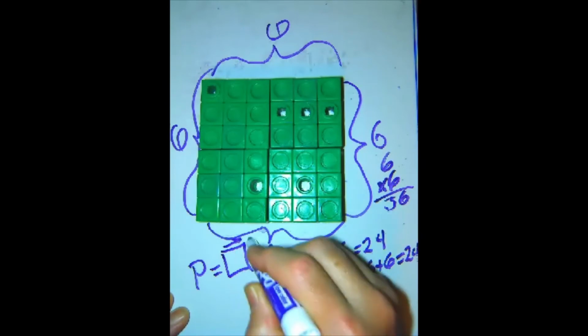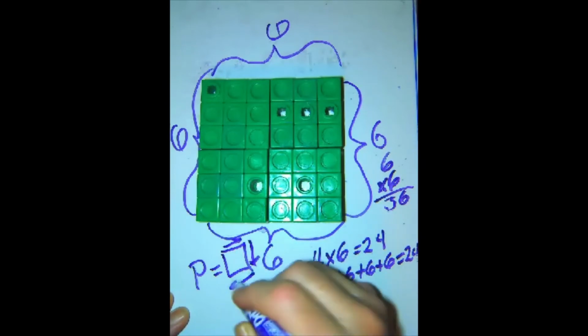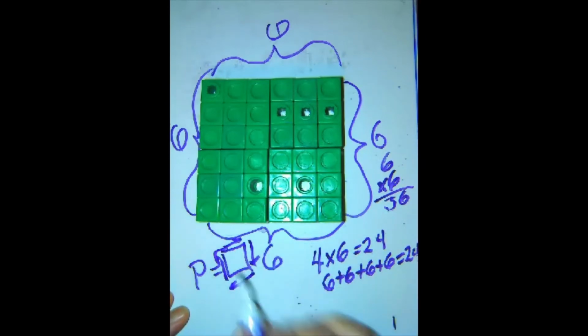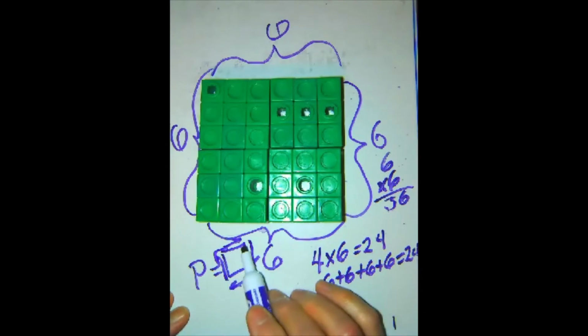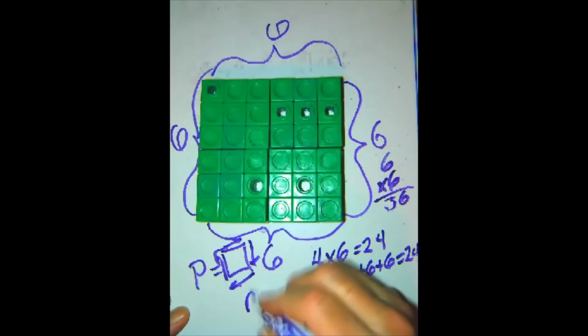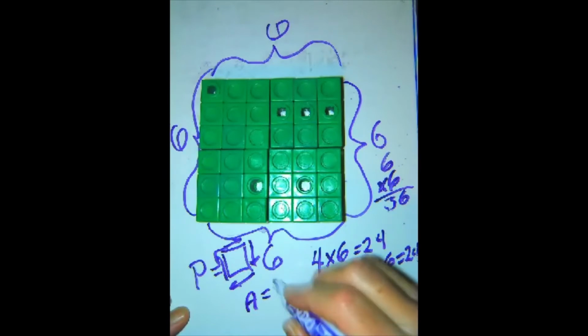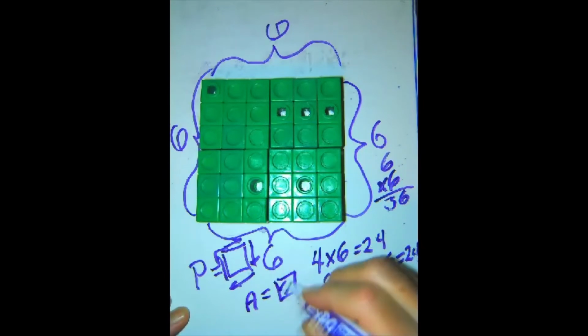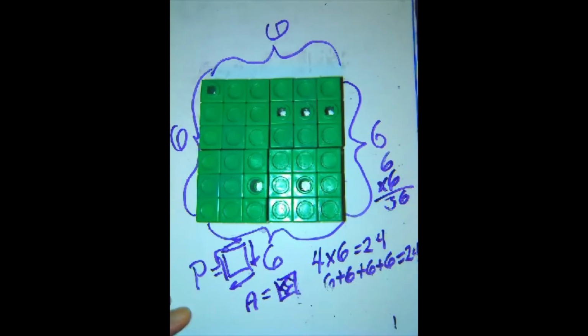If I imagine I'm a little marching ant marching across here, I would march 6, 12, 18, 24. When we're talking area, we're talking about the distance inside. And so I would add up each of those squares and count them, and that is how I get the difference between my area and my perimeter.